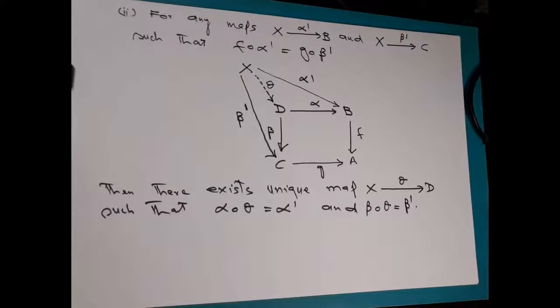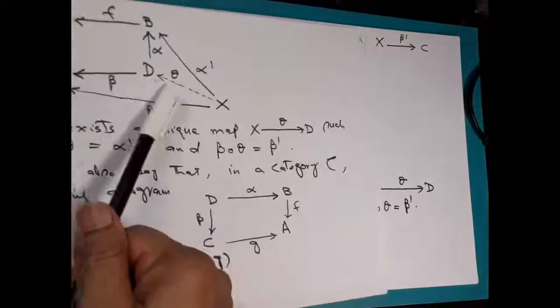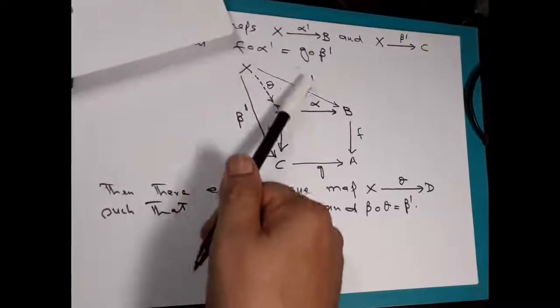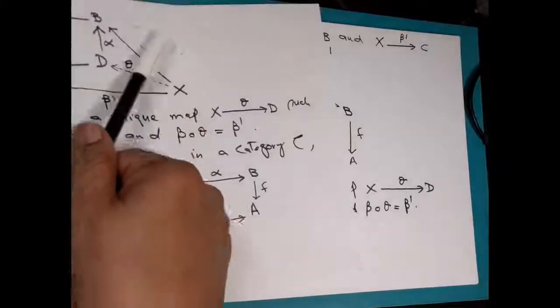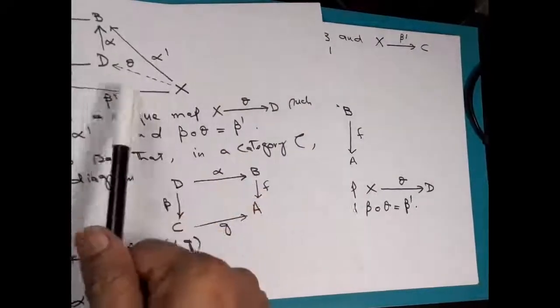So I have tried to write two possible ways of writing the definition of pullback. I simply want to convince you that the important thing is this universal arrow, and this universal arrow has the same position as it is in our previous attempt of defining pullback.